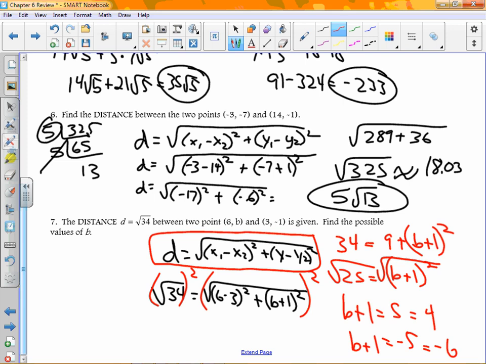So the first thing I did was read the problem and plug in the square root of 34 for d. I plugged in 6 for x, b for y, 3 for x, negative 1 for y. And it's just a matter of keeping up with your signs.